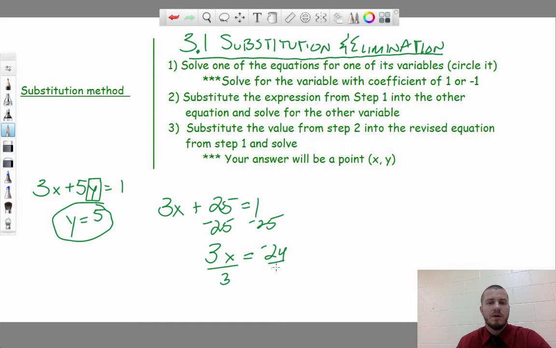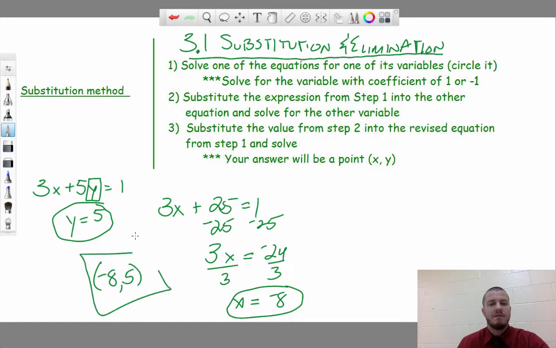Divide by 3. And x is equal to negative 8. Remember though, just like with solving systems by graphing, solving systems by using the algebra, your answer is still a point. X is negative 8, y is 5.